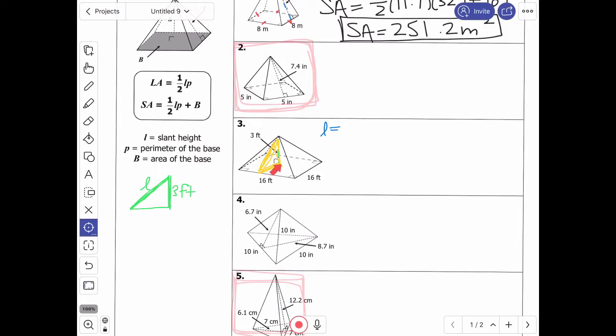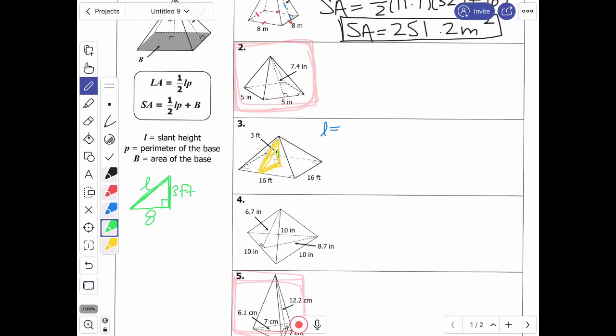So if I am in the center, that means I'm halfway along the base. So I only want half of my base length for this side length of the right triangle. So I'm going to take half of my base length, which is 16. So half of 16 will give me 8. So that means this side of the right triangle is 8 feet.